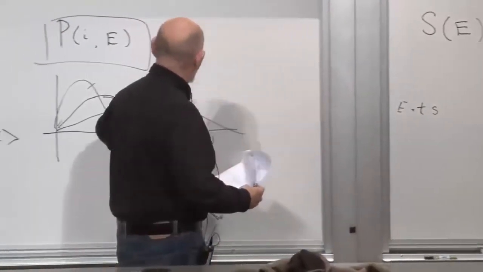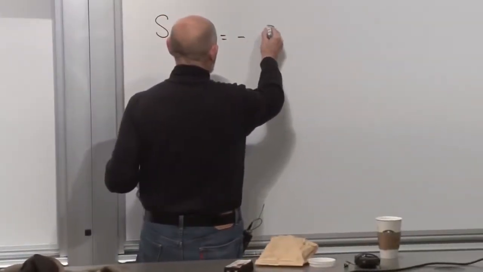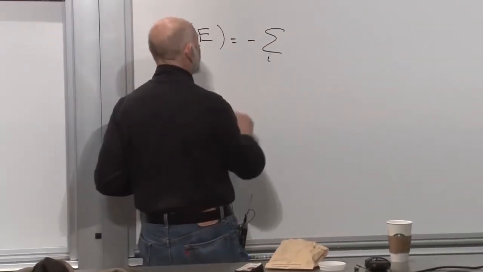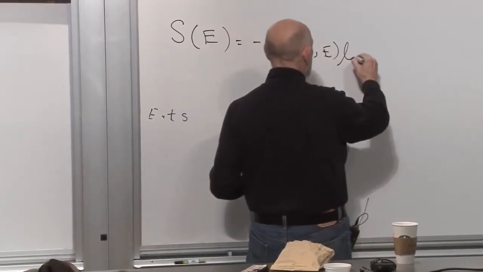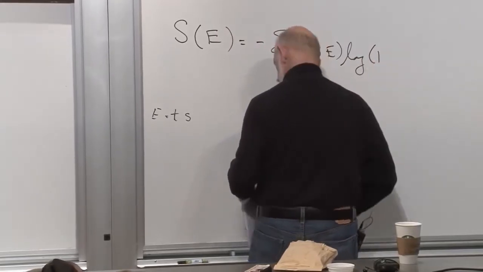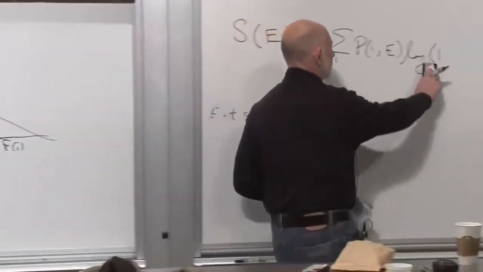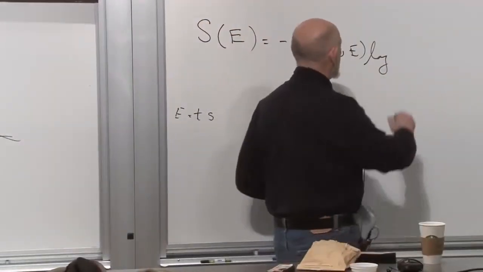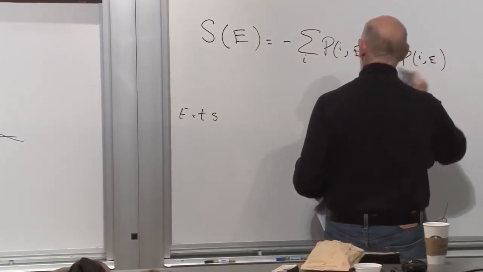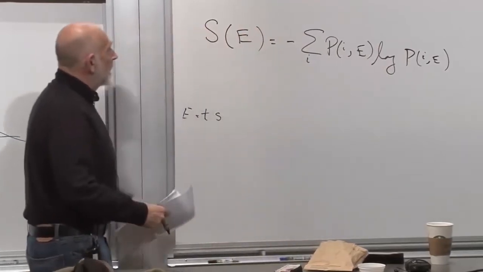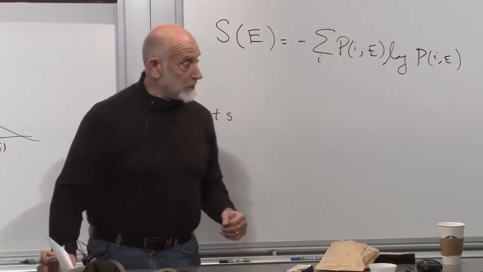But given this one parameter family of probability distributions, S of E is equal to minus the sum over I of P of I comma E log of P. And so, for this reason, S becomes a function of energy, average energy in this case.